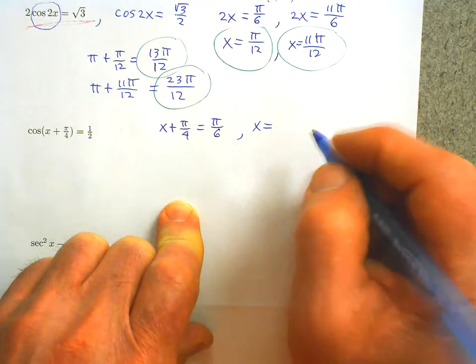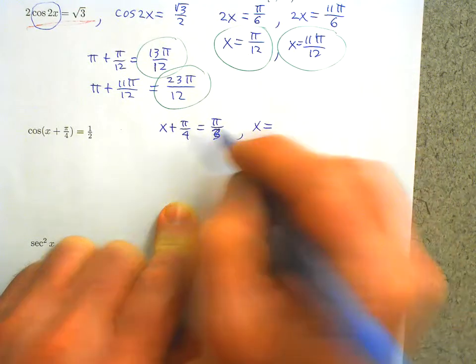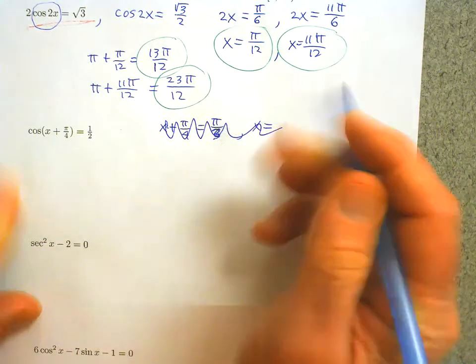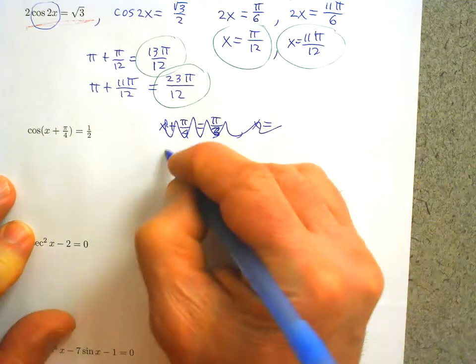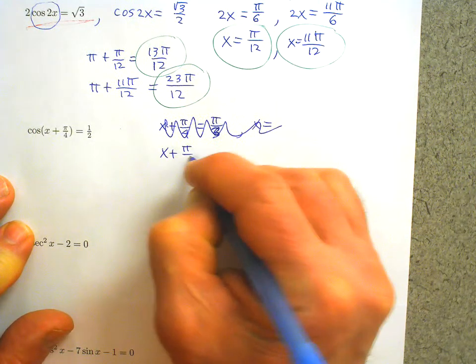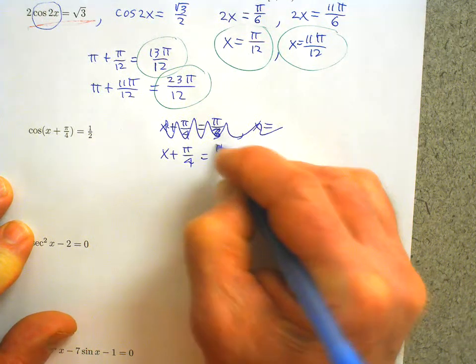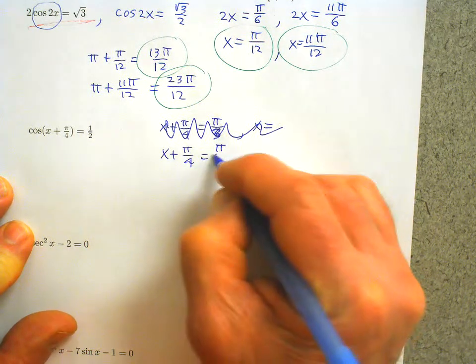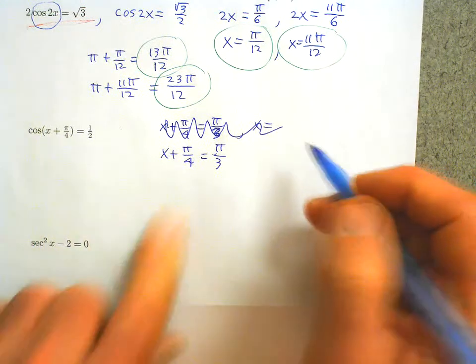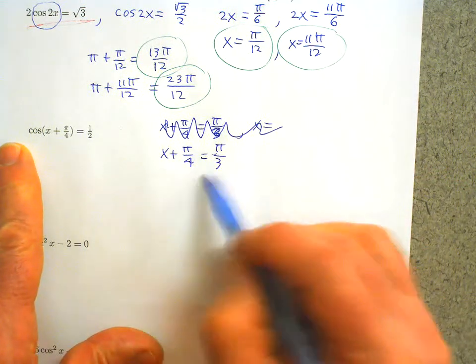Let me start over. Cosine of pi over 3 is 1/2. So if x plus pi over 4 equals pi over 3, then cosine of that angle will be 1/2.